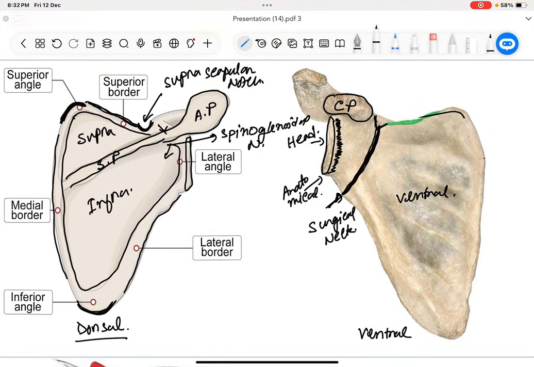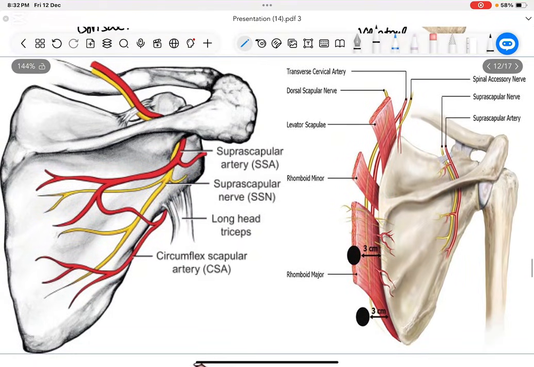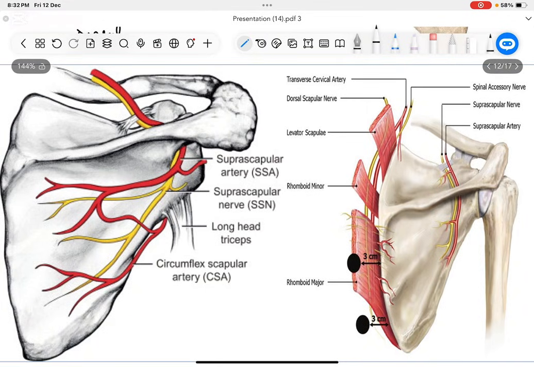Now, we will be discussing the attachments and relations. First, as I said, try to remember this is the superior border. When the superior border heads toward the glenoid cavity, there is a notch. Here you can see the notch is converted into a tunnel by the transverse scapular ligament, and some structures travel through here.